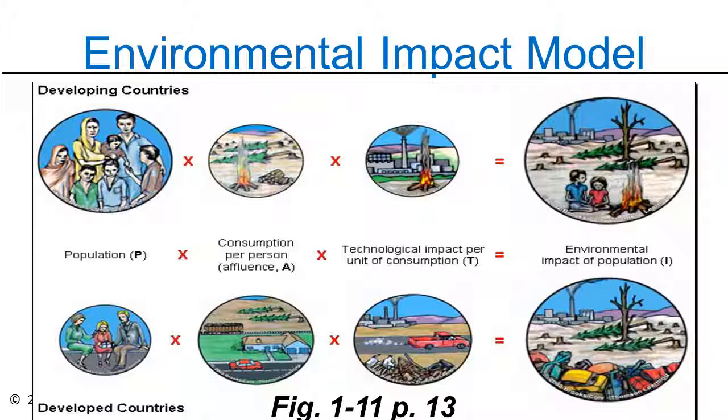This graphic depicts the environmental impact model, also known as the IPAT model. This model was developed in the 1970s, and IPAT is spelled I-P-A-T.